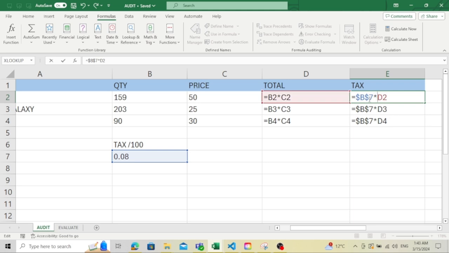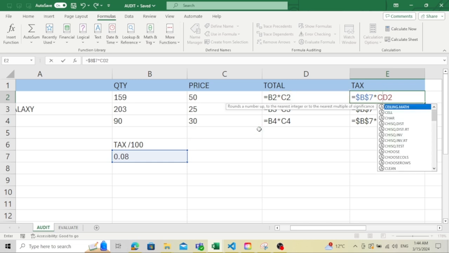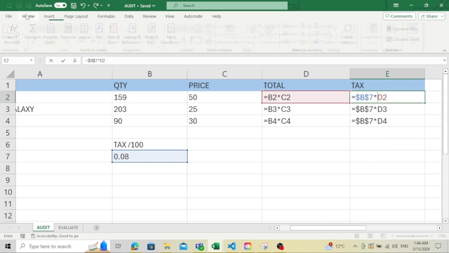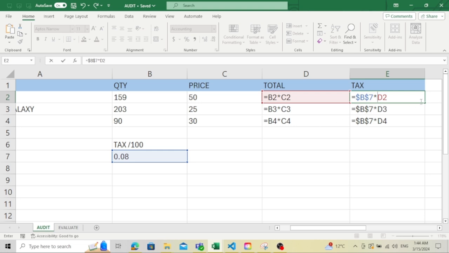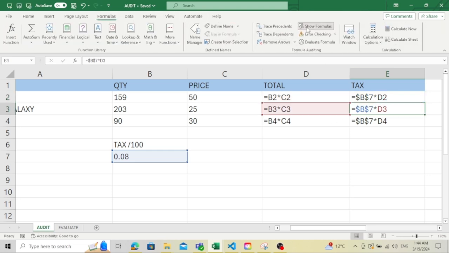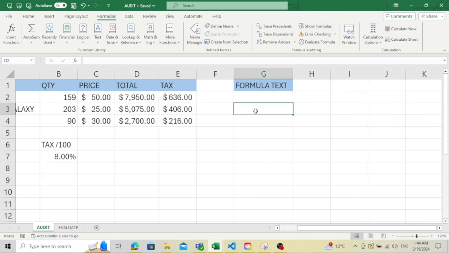So in tax, we have B7, which is an absolute cell, times D2, which is the total value we have here. Let's get back to our home tab, and then on our formula, we hide the formulas again.